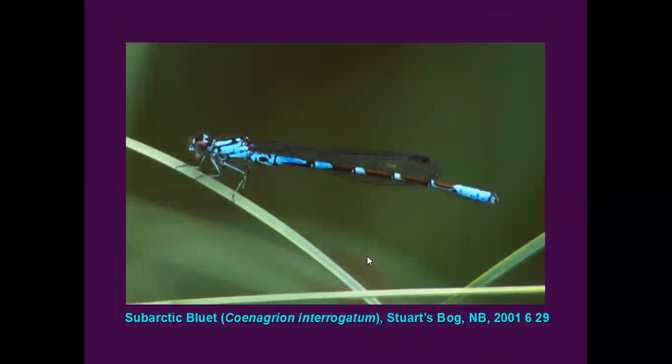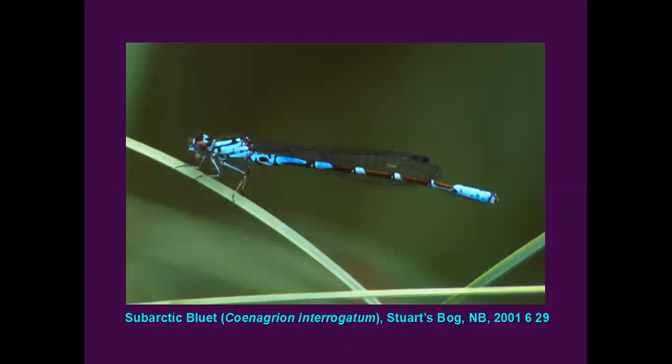The subarctic bluet, which is one of our rarest species, is much more common in the muskeg in the north, in the boreal forest, but it is known from a few spots in New Brunswick, and actually it was located in a new spot just this past summer. This one is from Stewart's Bog along the Renous Highway, and Stewart's Bog is not an official name, but it's a bog just past the halfway in, on the right side of the road if you're heading towards Plaster Rock.